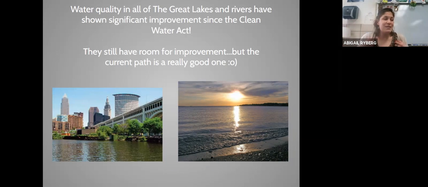Since the Clean Water Act, which was, again, remember, in 72, we have seen it works, right? And I think that's what people fail to understand: the environmental legislation that's put into place, any of them have been put in place because things got so bad at some point.